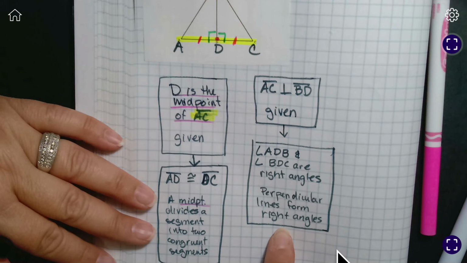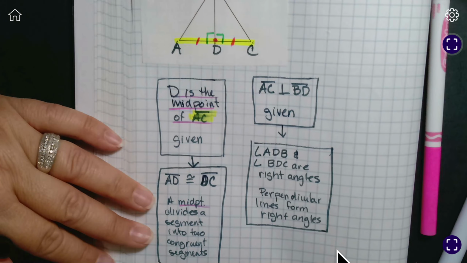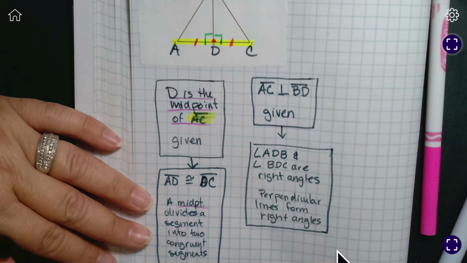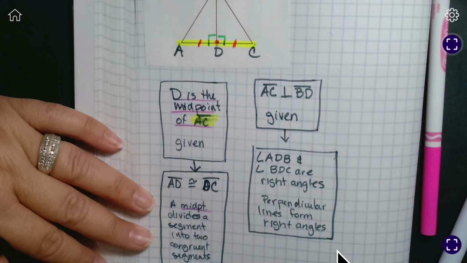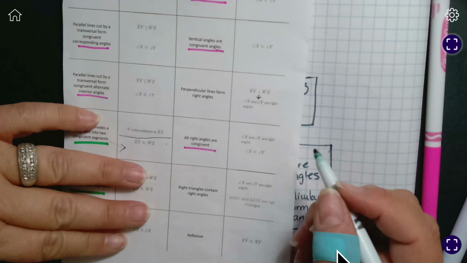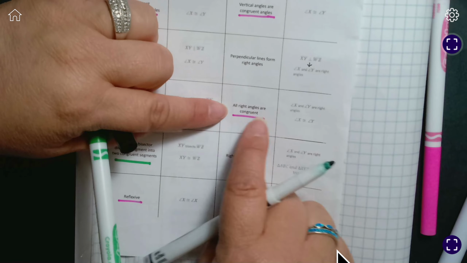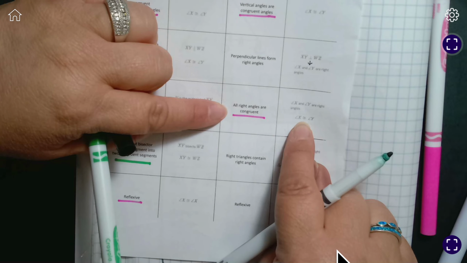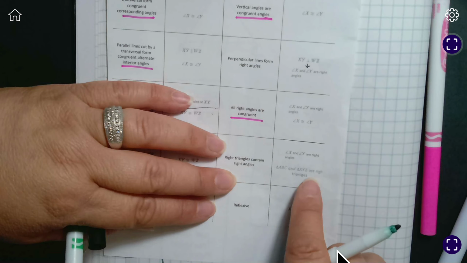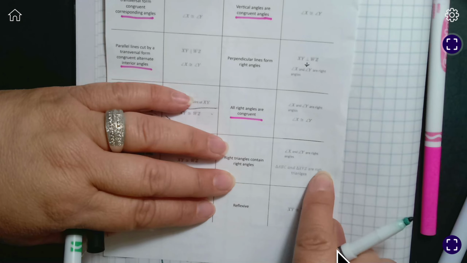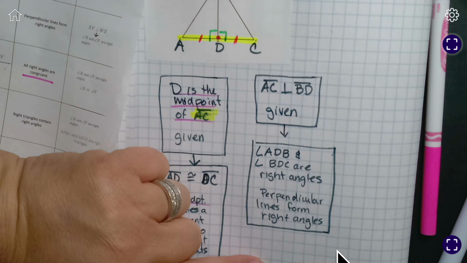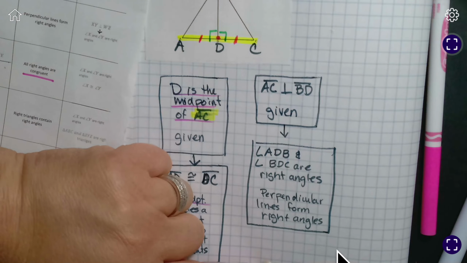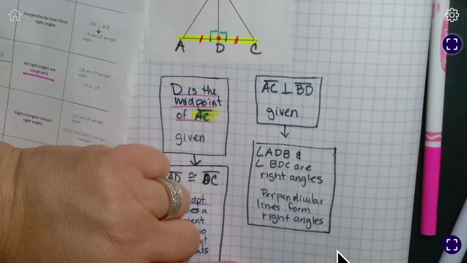Okay, you need another box here because you don't have anything congruent at this point. See, right angles: if you have right angles, you can get congruent angles. But if you have right angles, you could also get right triangles. So after this box, you have a choice to put down congruent angles or right triangles.